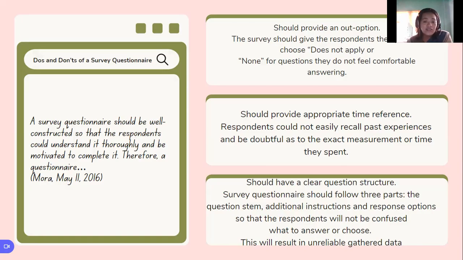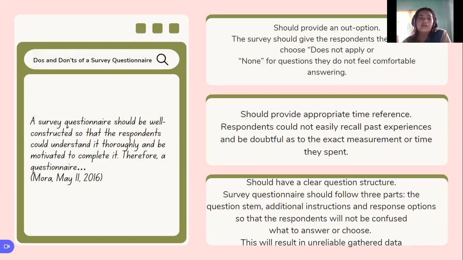It also should have a clear question structure. A survey questionnaire should follow 3 parts: the question stem, additional instructions, and response options. The question stem is when you give a topic, like for example something that is a little unfamiliar, then you should give them a thought of what this is about.